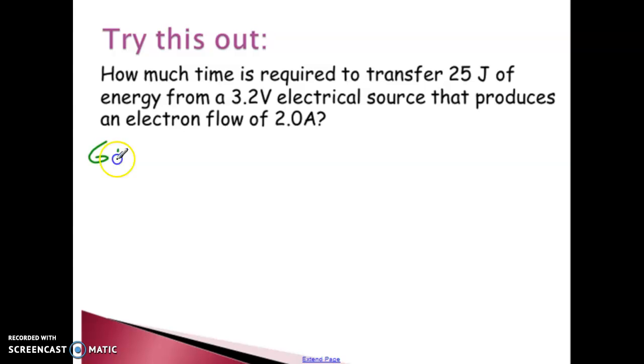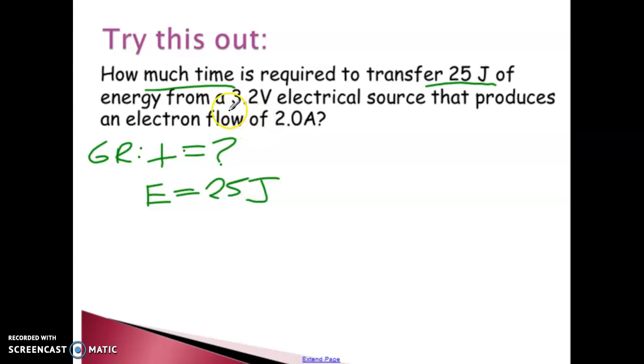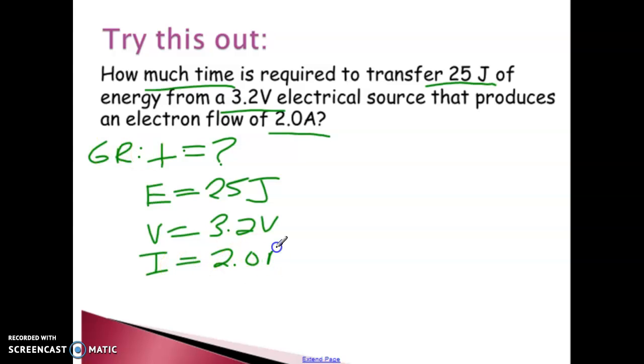Okay, so how much time, so we're looking for time, is required to transfer 25 joules of energy from a 3.2 volt electrical source that produces an electron flow of 2.0 amps.